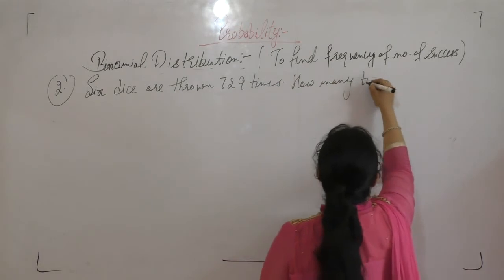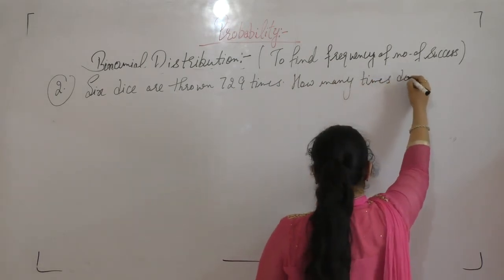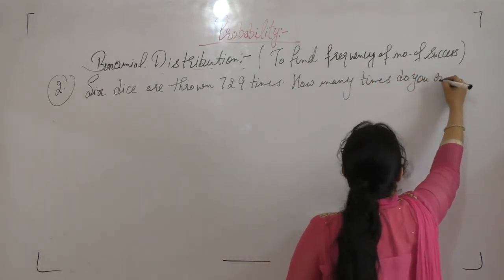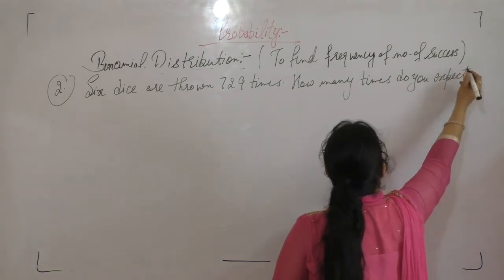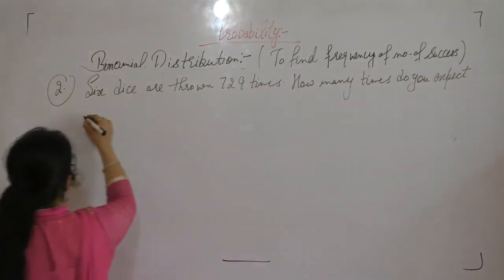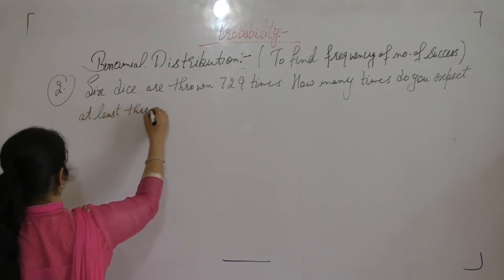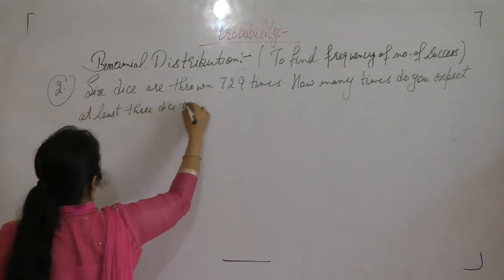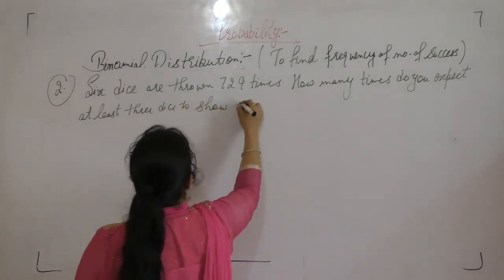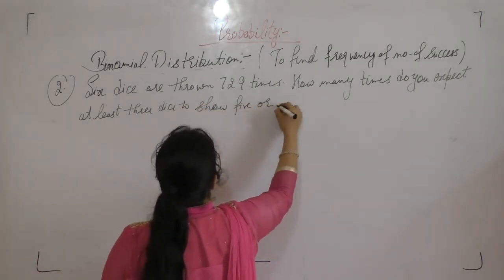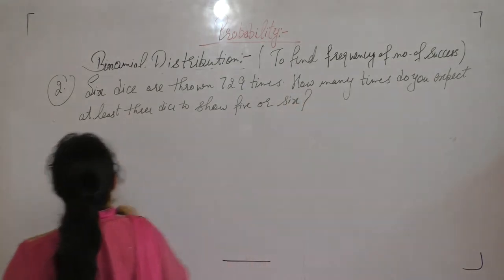How many times do you expect at least 3 dice to show 5 or 6?